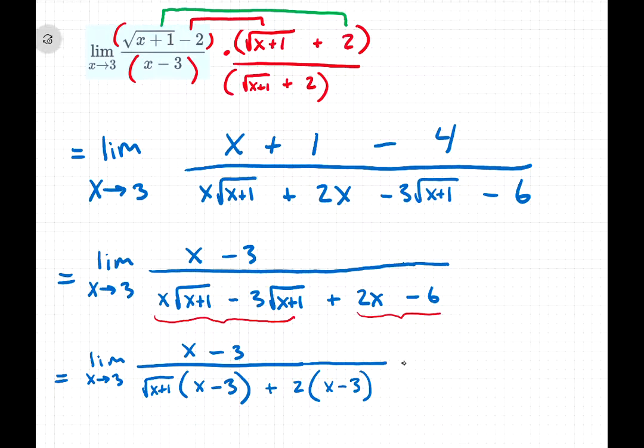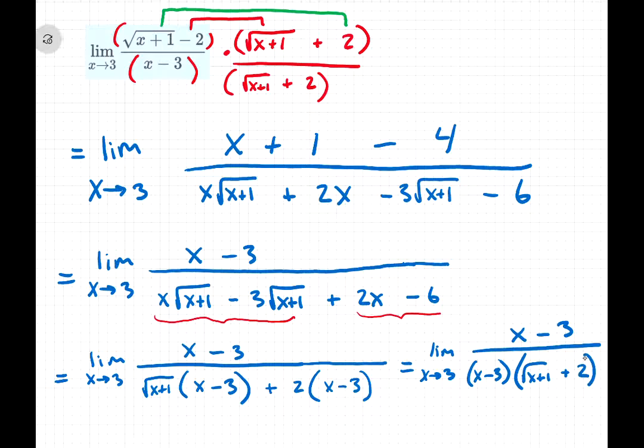Okay, so now we have two terms on the bottom. They share a common factor of x minus 3. So now we have the limit as x approaches 3 of x minus 3 on top. Let's factor out the x minus 3 on the bottom, and we're left with the square root of x plus 1 and a plus 2.